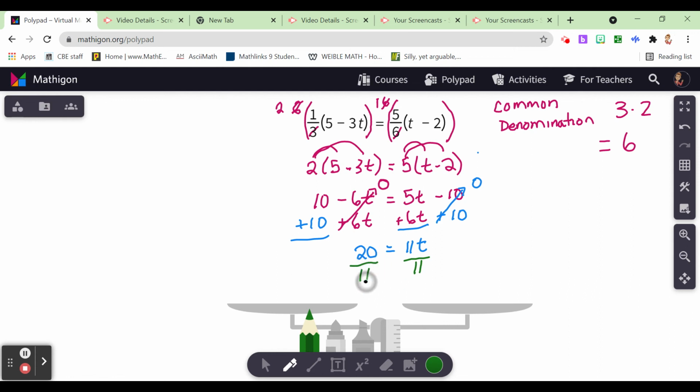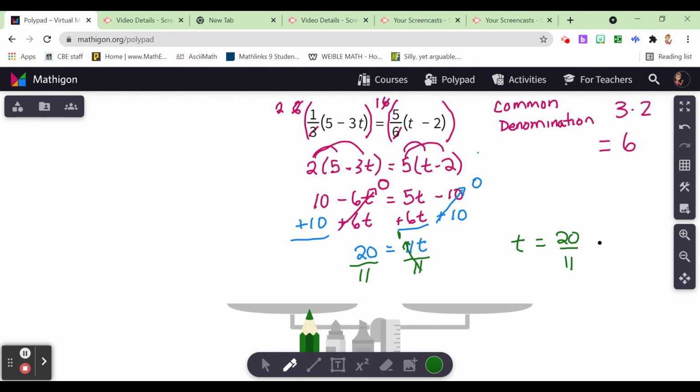So what I do to one side, I have to do to the other to maintain my balance. And this goes to 1. Okay, so I now have 1t on this side, which we just call t, equals 20 over 11, right?